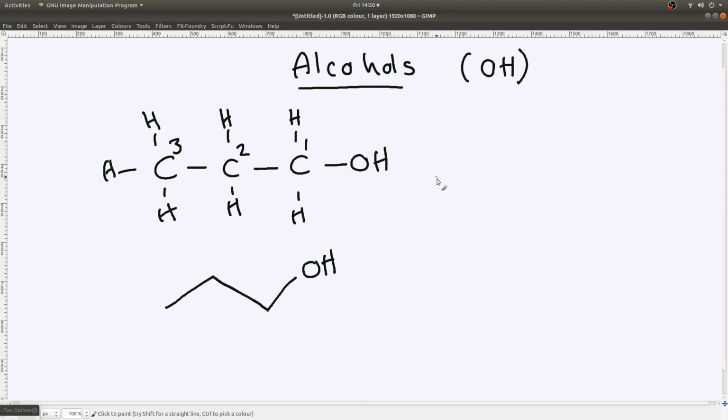Because it's got 3 carbons in, it would be prop, and then to name an alcohol it's propan-1-ol. Now the OL here at the end indicates that we have an alcohol, and the 1 here indicates that the alcohol group, that's the OH group, is actually on the first carbon atom. Okay?